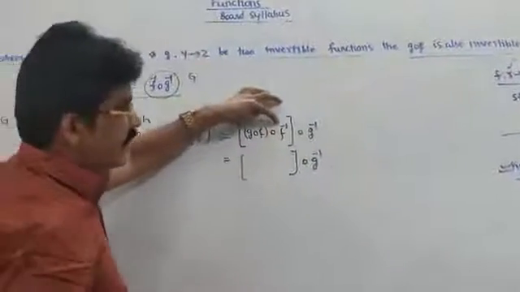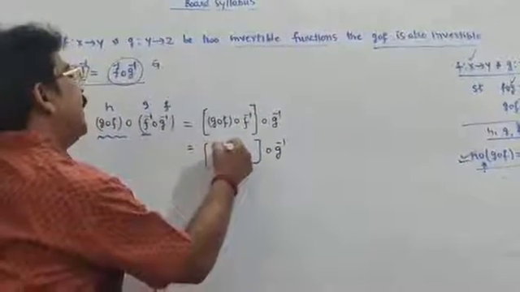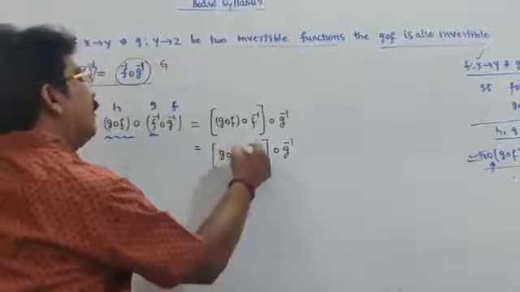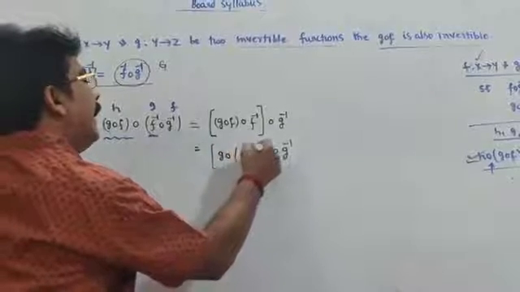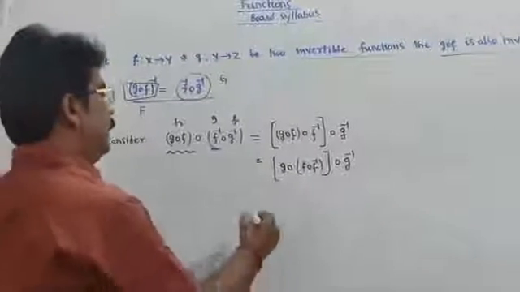Here 1, 2, 3 functions are there, so it can be g circle (f circle f inverse) circle g inverse. I changed the bracket.